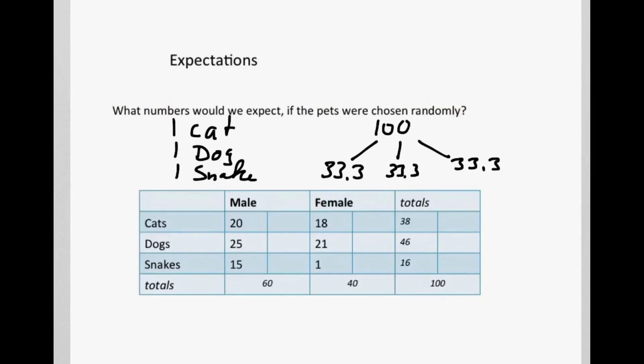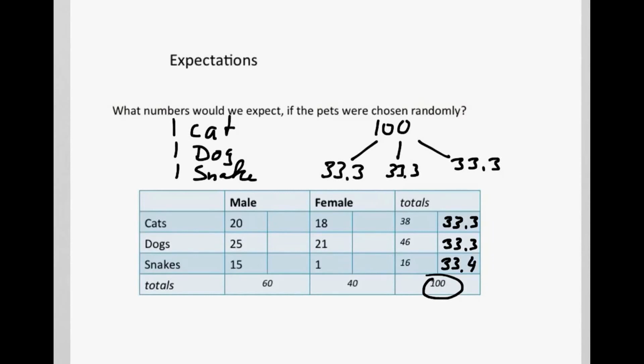So we can say we have 33.3. That is our expected number if the pets were chosen randomly. 33.3 dogs, and we would expect 33, let's say 4 in this case, just rounding. And what we would get is again our marginal total of 100.